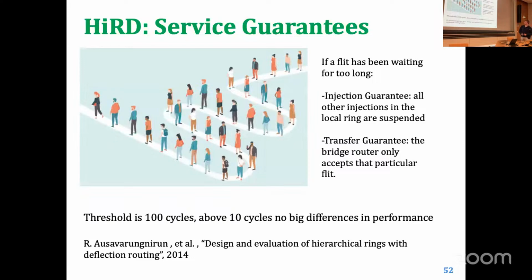Okay, so this is how it works. It's actually very simple. Basically, we have two different guarantee mechanisms. One is the injection mechanism, which is for fleets at the local interface. We have the local ring and the local cores. If a fleet is not delivered after a certain number of cycles, which for the paper is 100, then all the other injections are suspended, and so the buffer will clear up for sure.